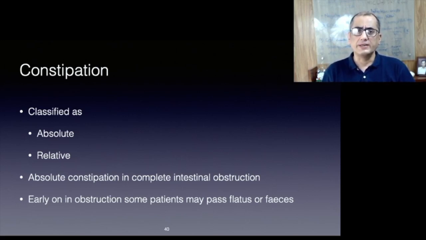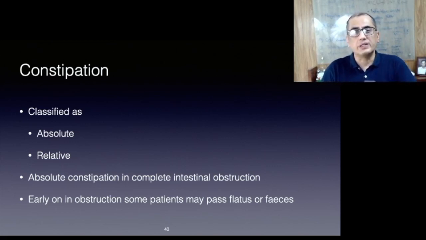Constipation may be classified as absolute, that is, neither feces nor flatus is passed, or relative, where only flatus is passed. Absolute constipation is a cardinal feature of complete intestinal obstruction. Some patients may pass flatus or feces after the onset of obstruction as a result of the evacuation of the distal bowel contents. The administration of enemas should be avoided in cases of suspected obstruction.